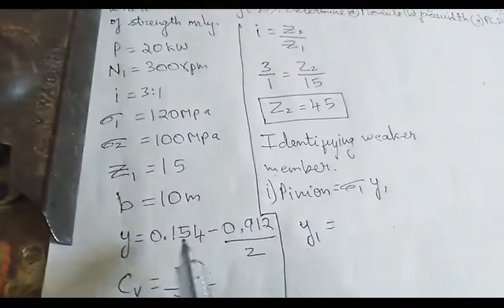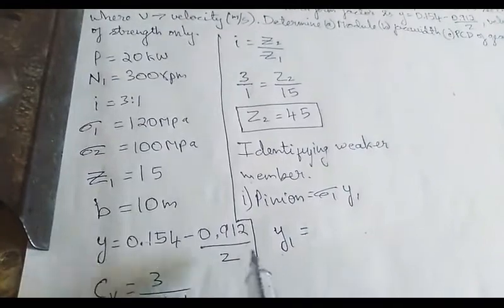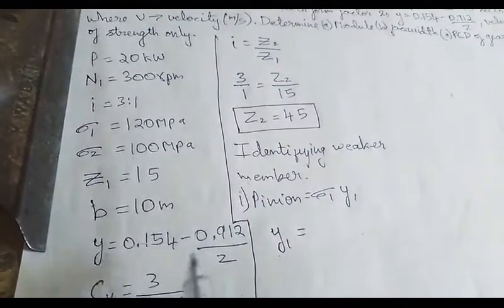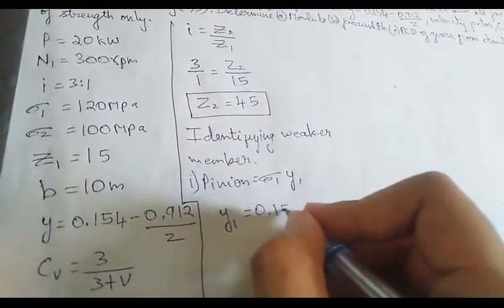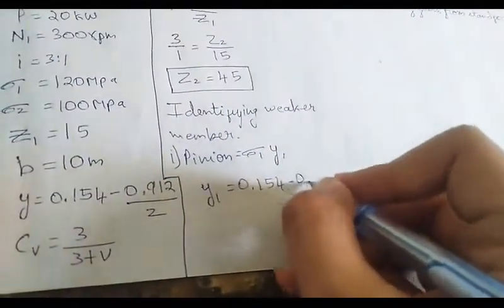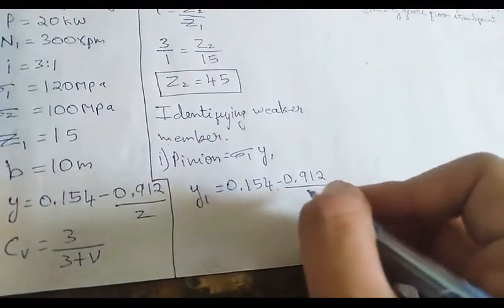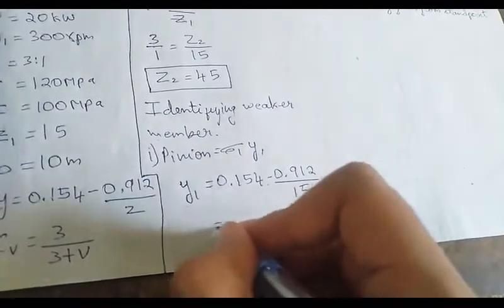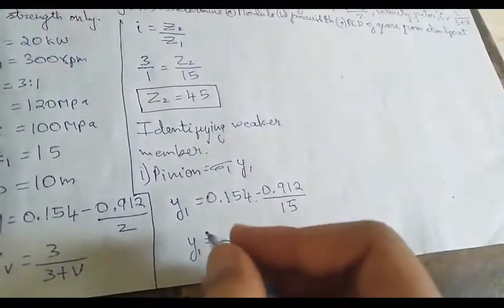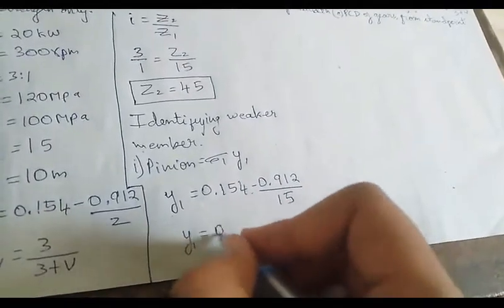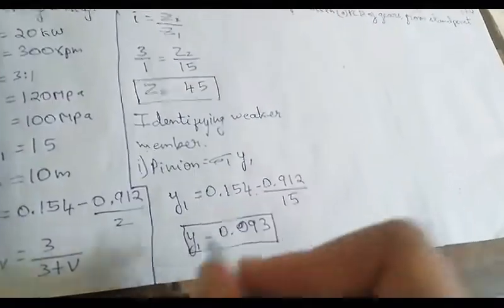Here they have given y, the tooth form factor, so to find y1 we need to put z1, and to find y2 we need to put z2. The value of z1 is 15, so the value of y1 I'll get as 0.093.